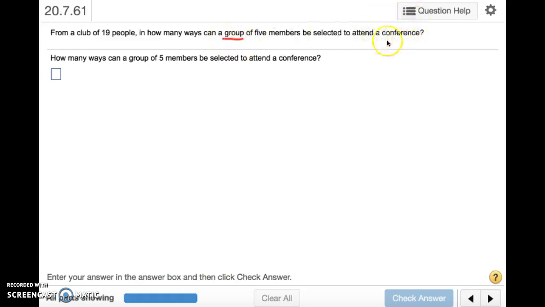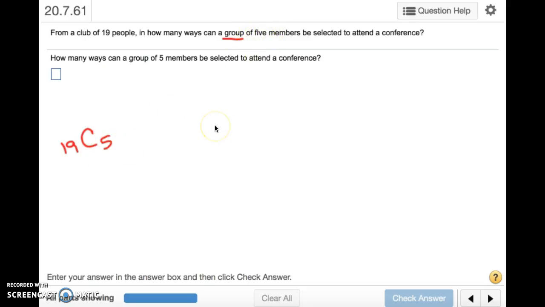Now, if I'm picking people to go to a conference, does it matter which person I name first? No, it doesn't. So that means it's going to be a combination. So I have 19 people, and I need 5 members to attend.